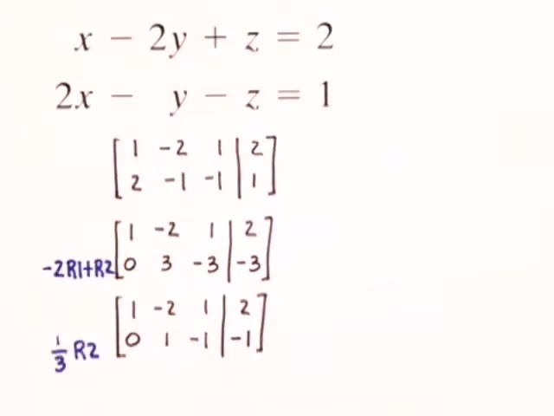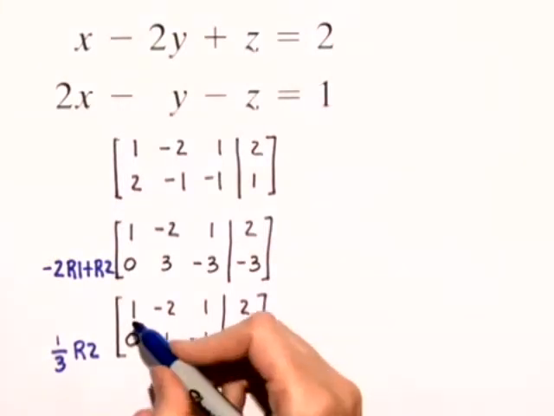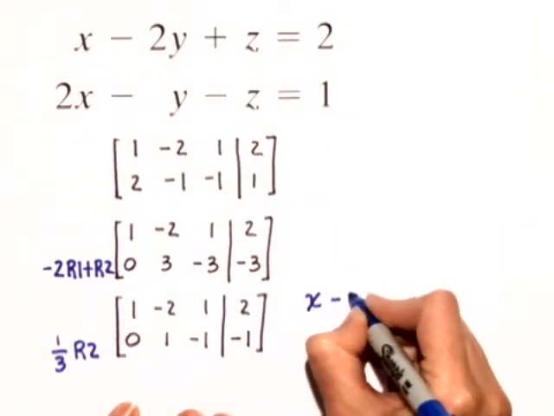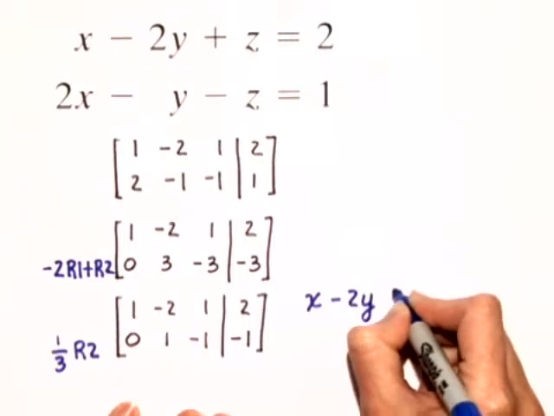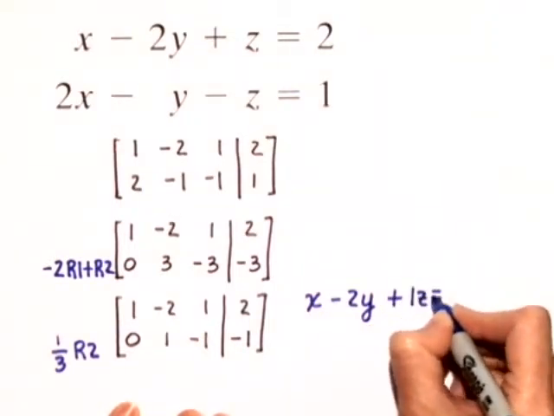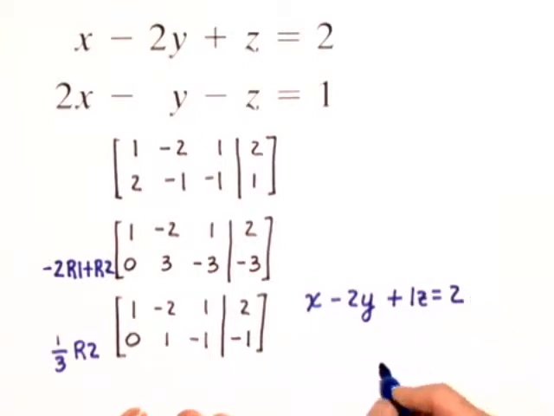Now in this case, let's write down what this augmented matrix means. It really means this first row is x minus 2y plus 1z is equal to 2.